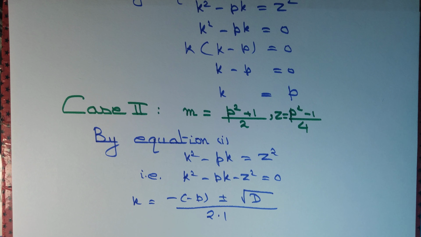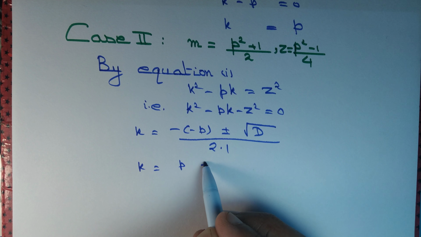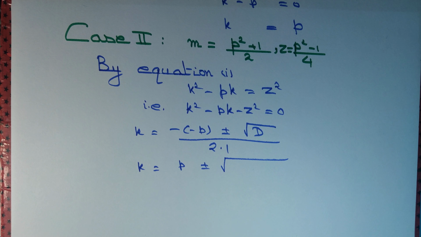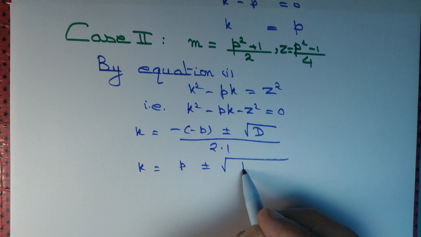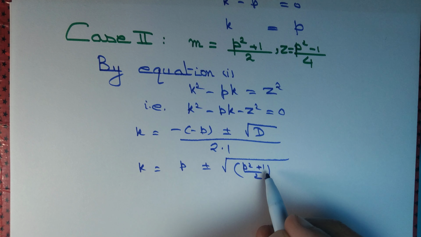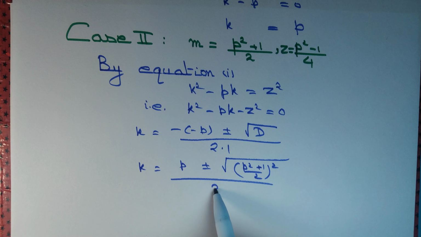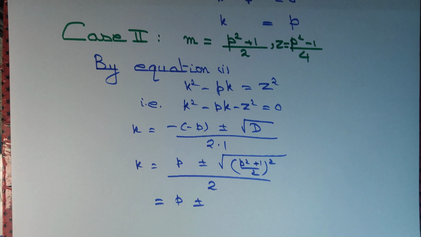Therefore, k equal to (p plus minus square root of m square) by 2 into 1, which is 2. M equal to (p square plus 1) by 2. That's equal to p plus minus root, and square will get cancelled.